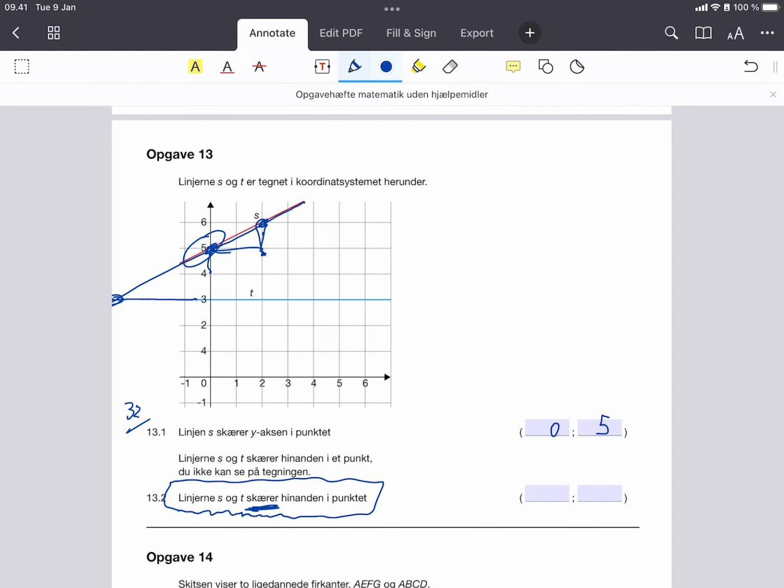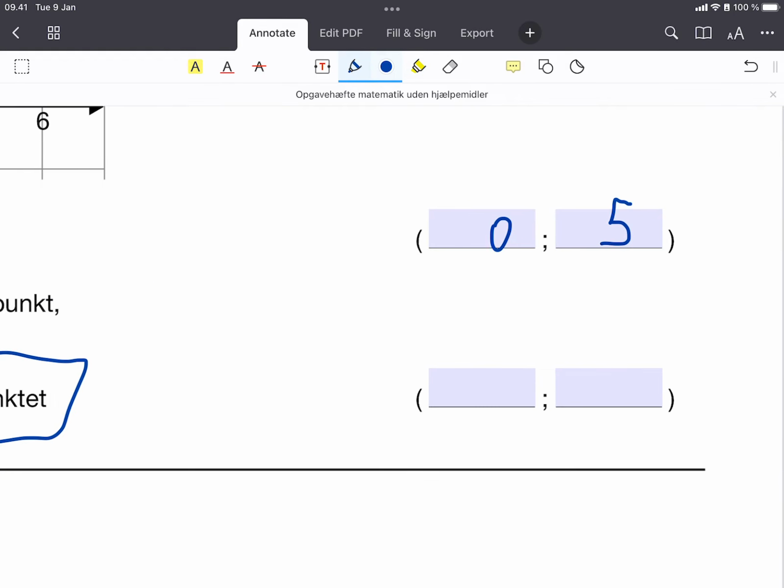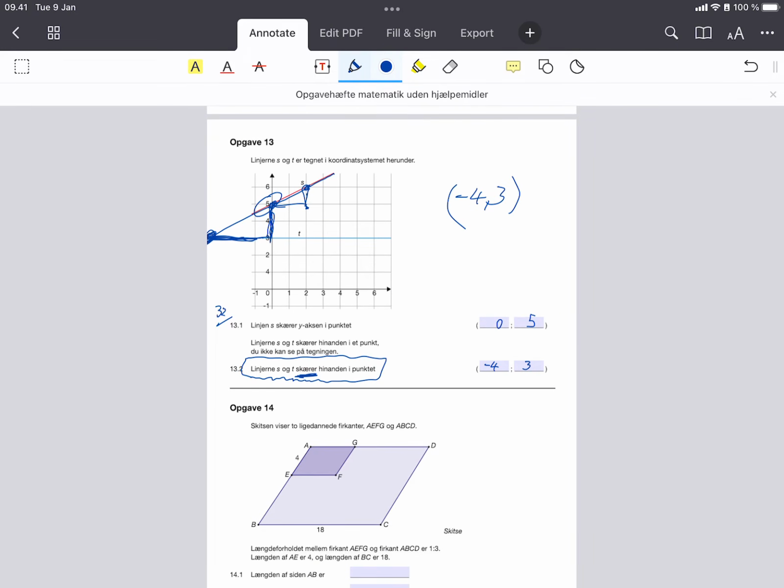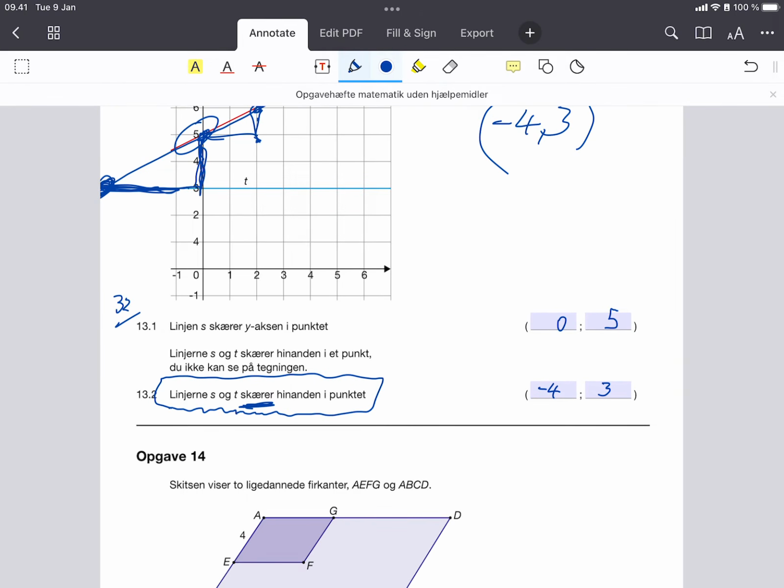So by the time it goes 2 down there, it will have gone 4 back there before it meets the line T. So it will be at the point -4, 3 back there. You can work that out with algebra and equations of the lines, but on this type of exam, you can typically just extend the diagram a little bit and figure it out from there. It's not a very elegant approach, but there it is.